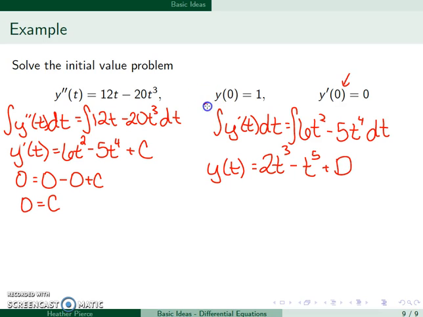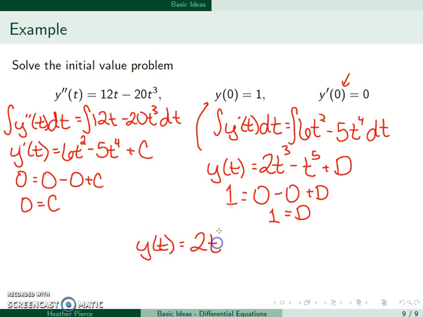And we'll now use the first initial condition. So this thing should be equal to 1 when t is 0. So we can see that d is equal to 1. So my actual answer, y of t, is 2t cubed minus t to the 5th plus 1.